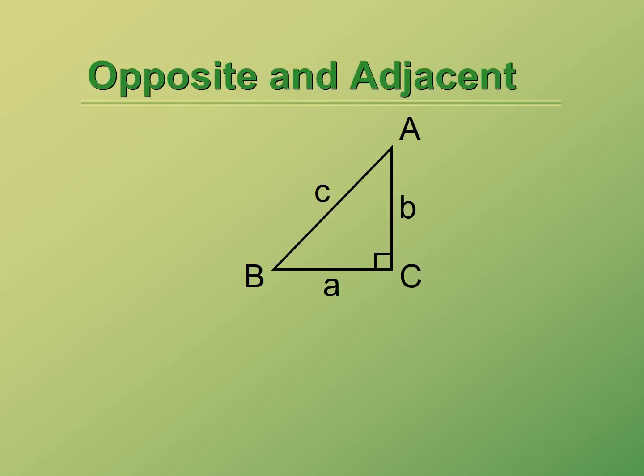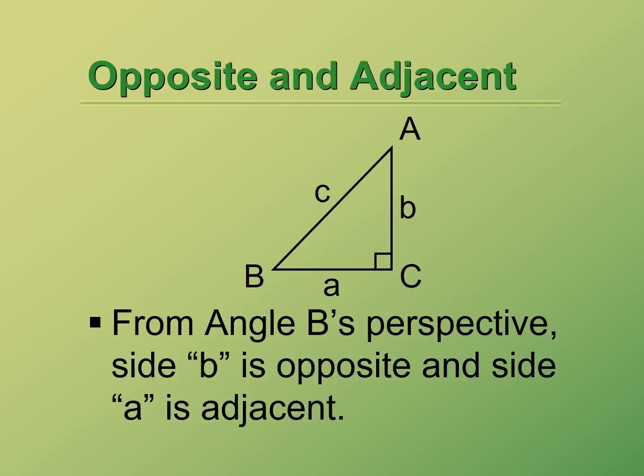So, opposite and adjacent. We know what opposite is. Opposite is going across. Adjacent means next to, right? So from angle B's perspective, if we're hanging out over here at angle B, we would say that side b is opposite, and we would say that side a is adjacent. And you could ask, well, is side c adjacent as well?